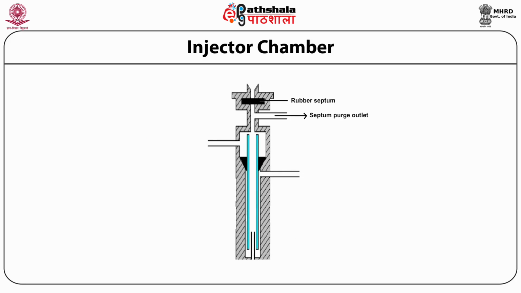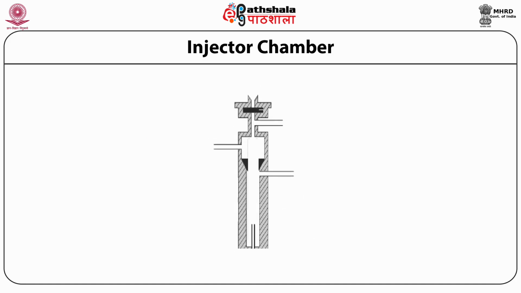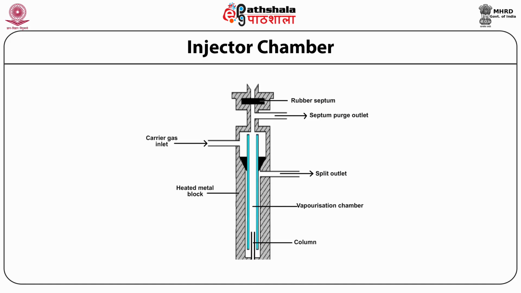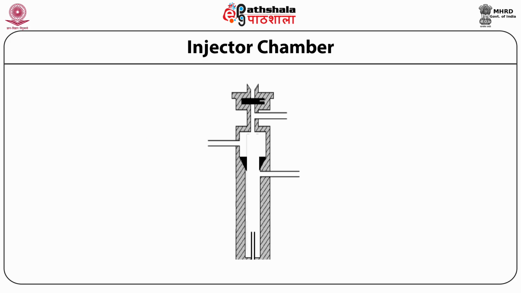So as you can see, the injector chamber has a rubber septum, and the syringe that loads the sample onto the column ruptures the septum. Then the sample is vaporized. There's the carrier gas inlet to one side, which will carry the sample onto the column, and then there's the split outlet, which will remove the sample that does not need to be loaded onto the column.